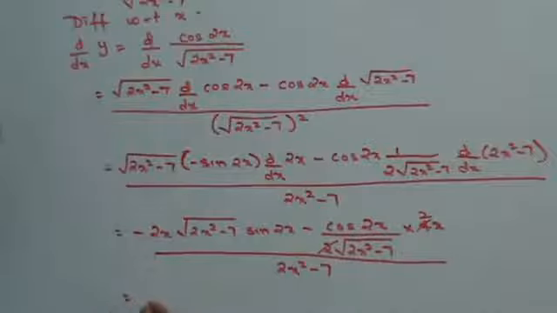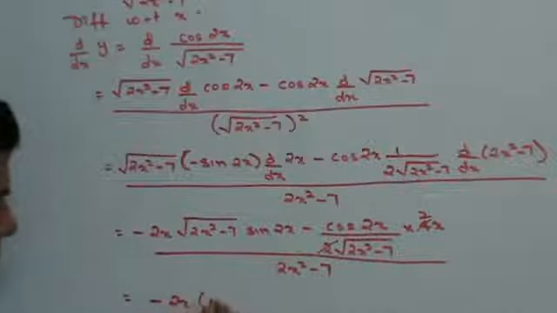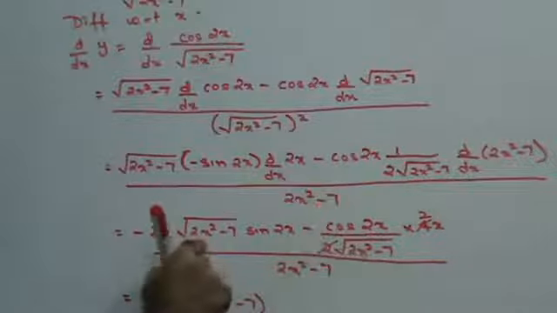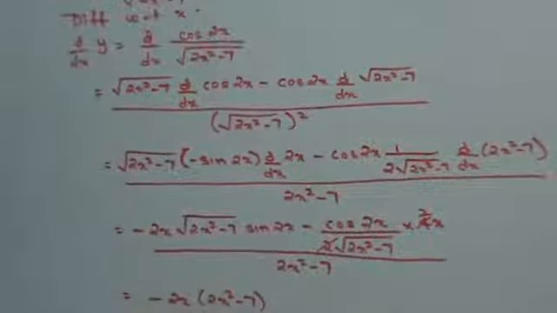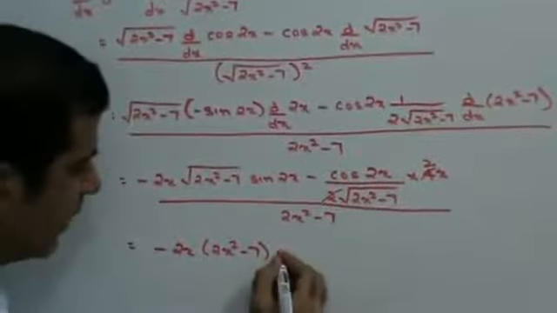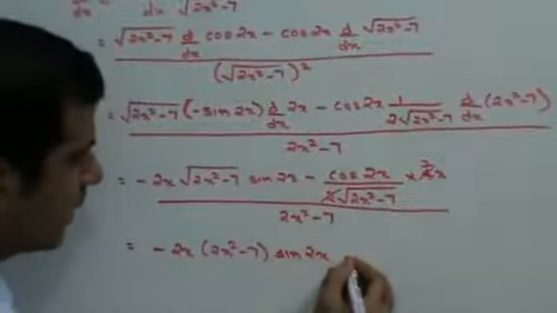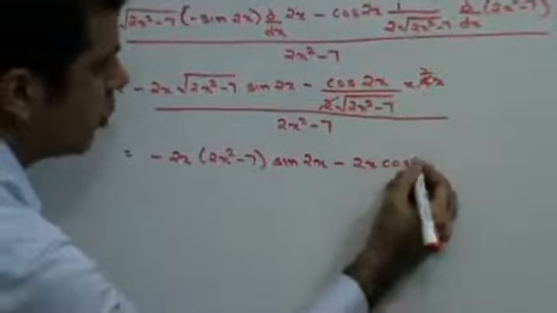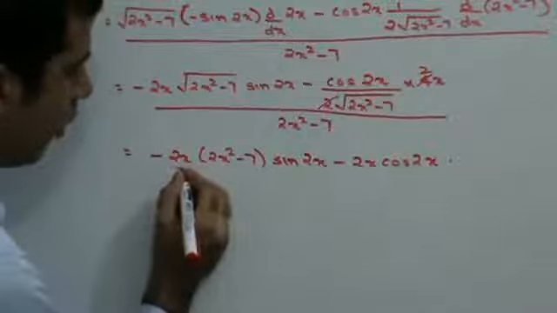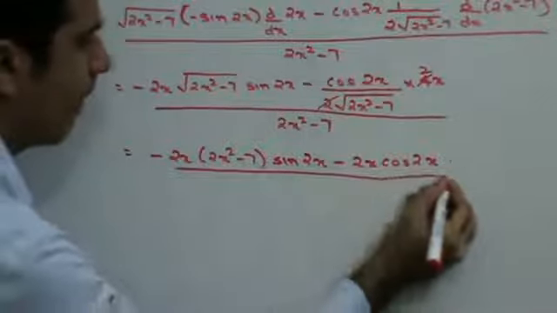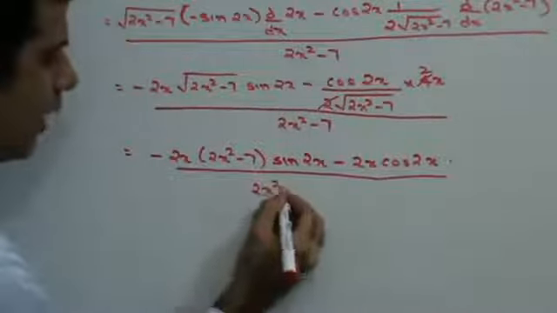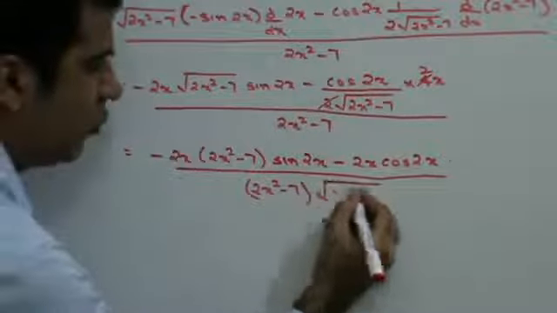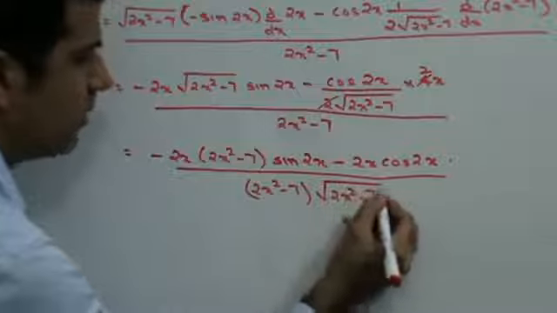This will become minus (2x square minus 7), because root of 2x square minus 7 into root of 2x square minus 7 will give you 2x square minus 7, sine 2x minus 2x into cos 2x upon 2x square minus 7. This common denominator will come down, so that will be root of 2x square minus 7.